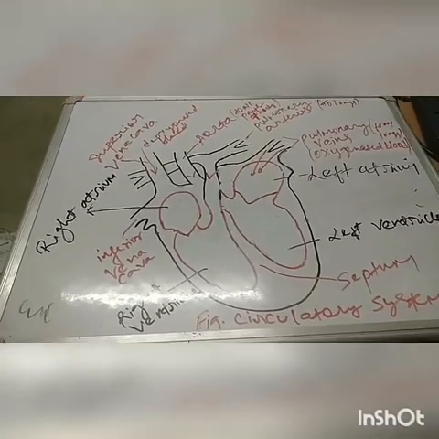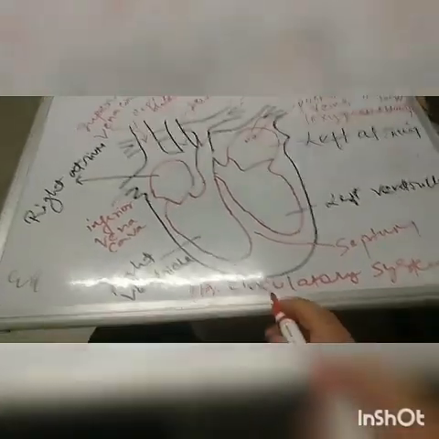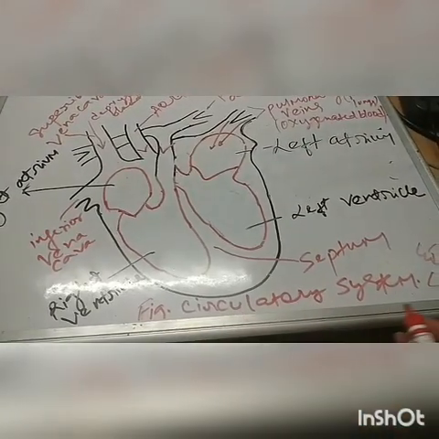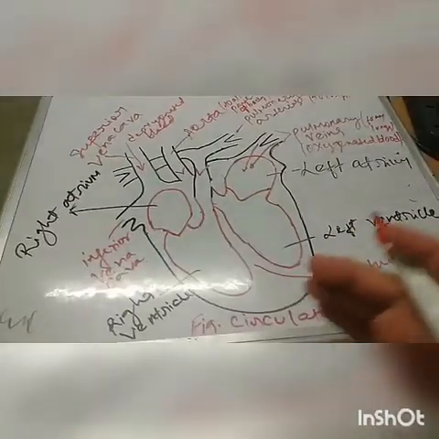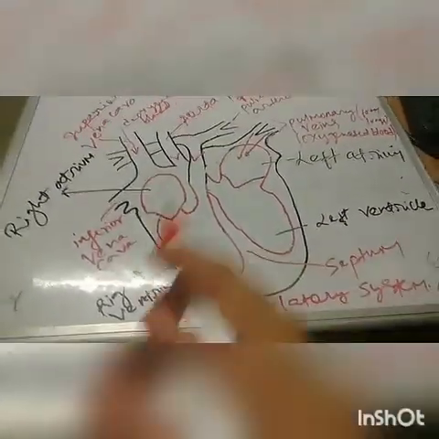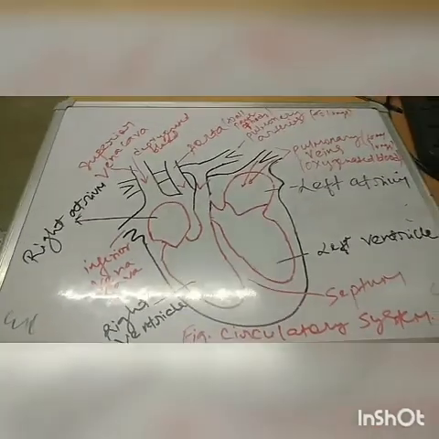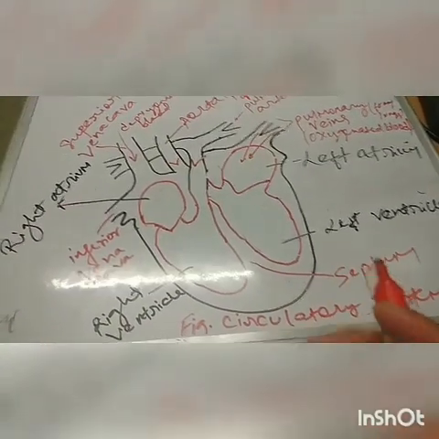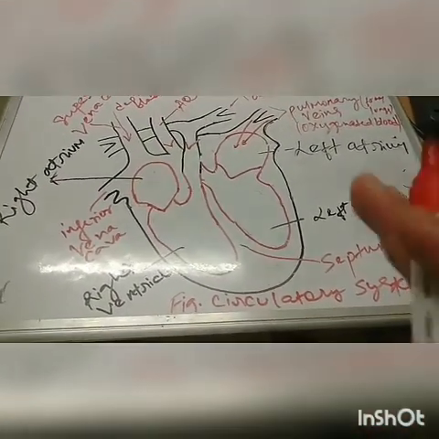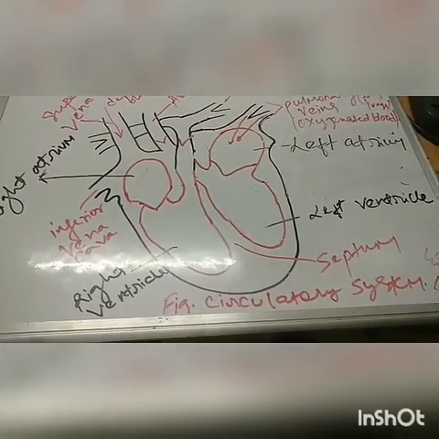Now we will see a diagrammatic presentation of the circulatory system, which shows the circulation of blood, right? I have told you many times that diagrammatic presentation is very important from the exam point of view.